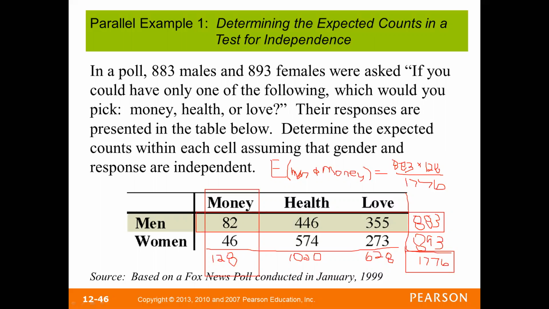So we would get 883 times 128 divided by 1776, which would give me 63.64.